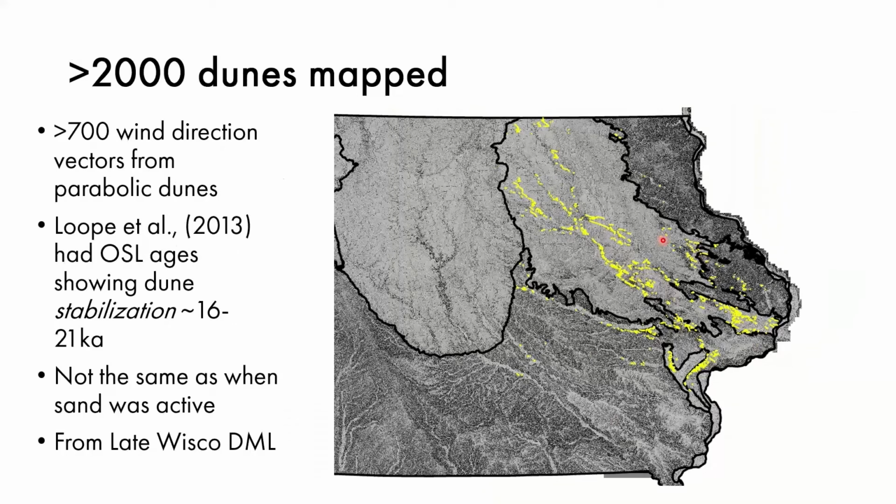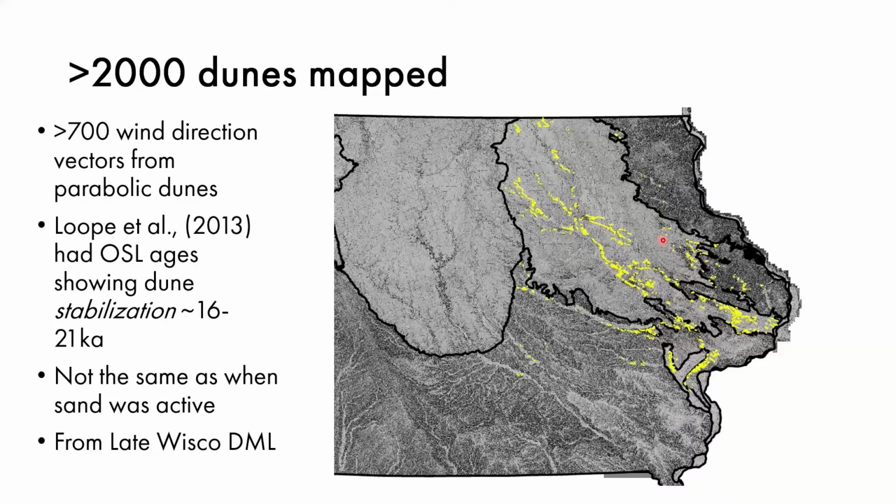So part of this, to explain the problem with all of this, or to really illustrate how sand is in control, I mapped all the dunes in eastern Iowa, and now Iowa, because I got bored. And from that, I got vectors, or wind direction, from the parabolic dunes. And these dunes are occurring when the Des Moines lobe is coming into place.